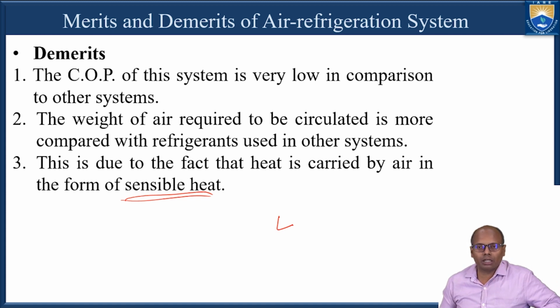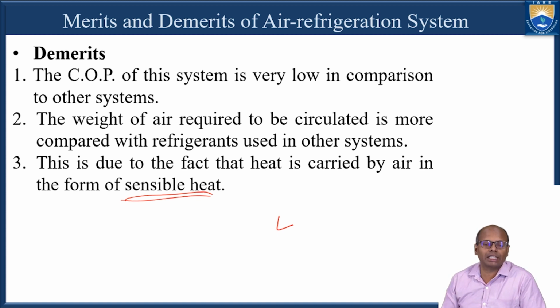And in summary, what we have to remember. The first one is the reversed Carnot cycle and reversed Brayton cycle. What is the main difference? The heat addition and the heat rejection processes are at constant temperature in the reversed Carnot cycle and at constant pressure in case of the reversed Brayton cycle.